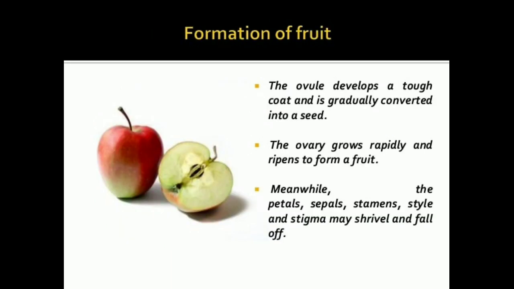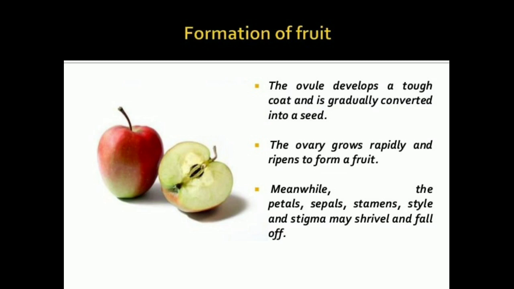Now what will happen to the ovule? The ovule will develop a tough coat around it, and it will gradually convert into a seed. And the ovary around the ovule will grow rapidly and ripen to form a fruit. So the ovule is the seed inside the fruit, and the ovary will become the fruit. Understood?